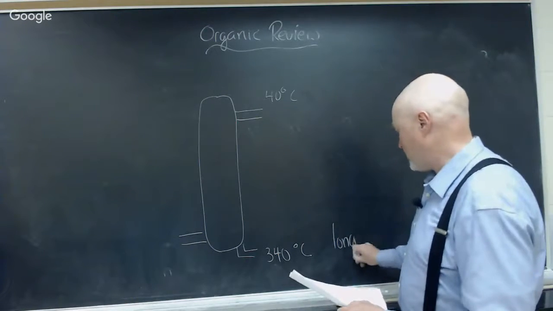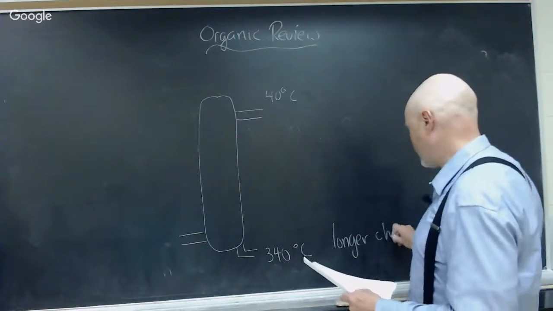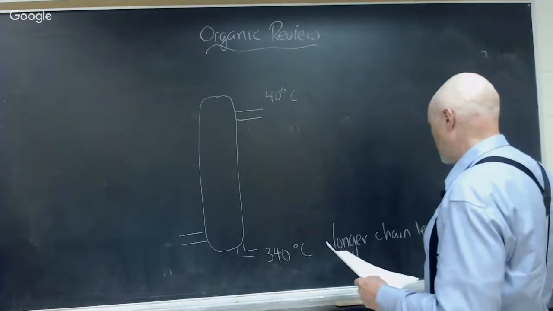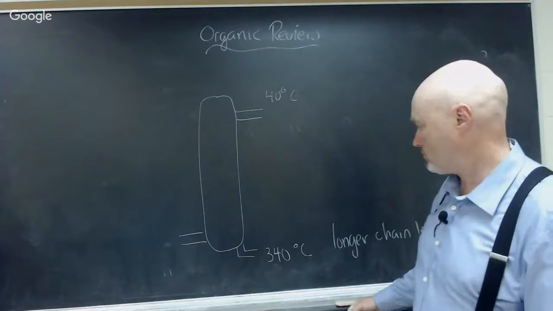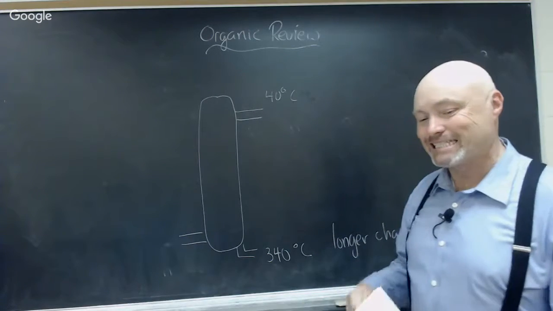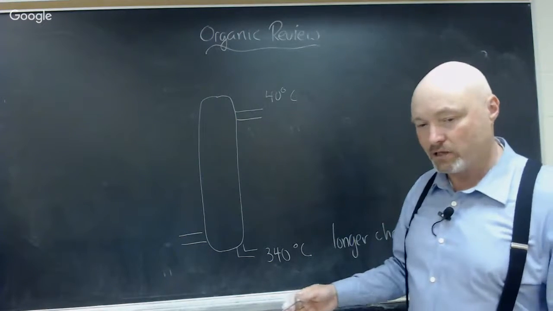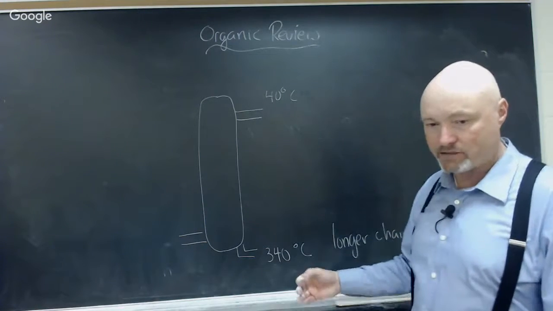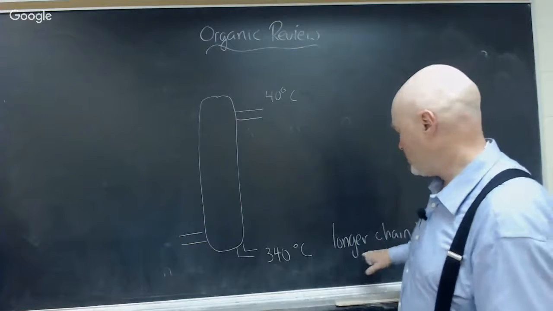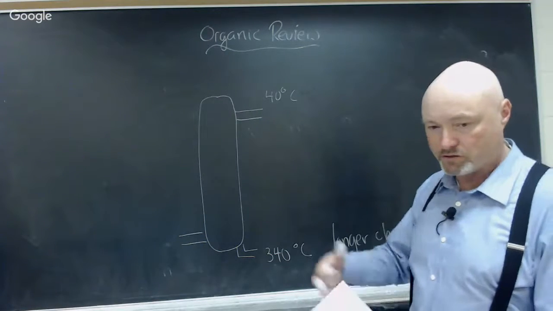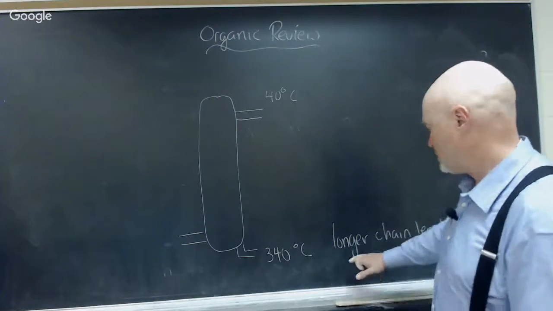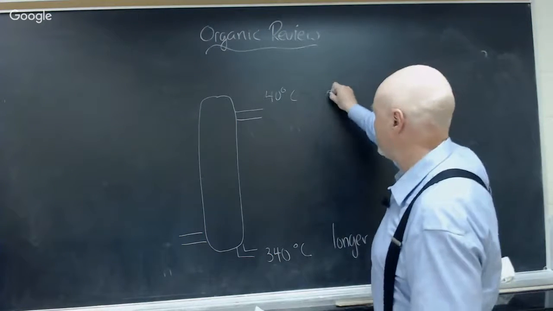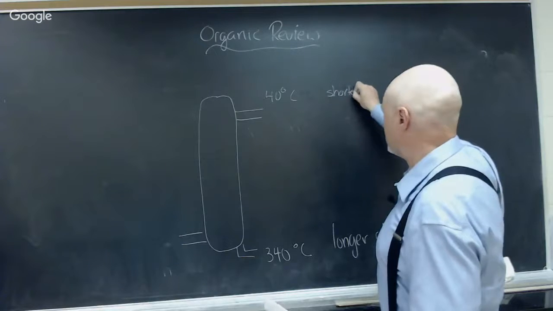This is going to be our longer chain length down here. Yes, because the second thing that affects intermolecular forces is the chain length. They have long chain lengths, and basically we get more London dispersion forces. So the molecules are going to stick together a little bit better. So our longer chain lengths come down here, and our shorter chain lengths come out here.